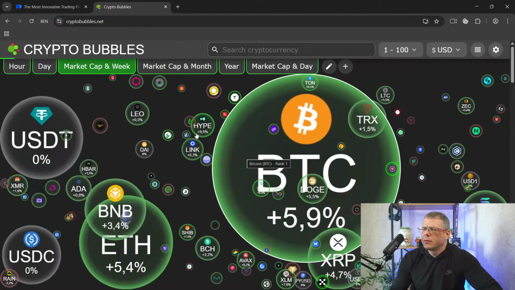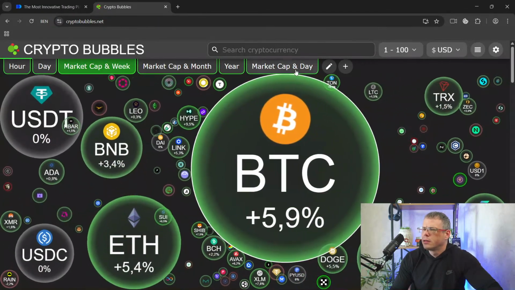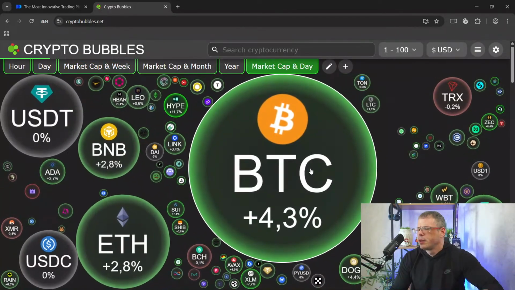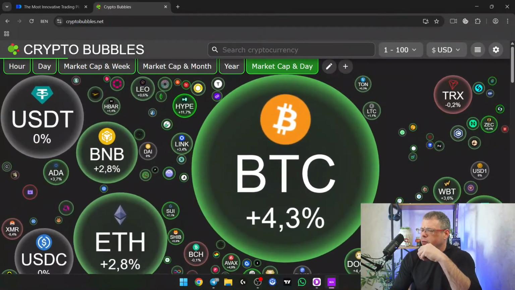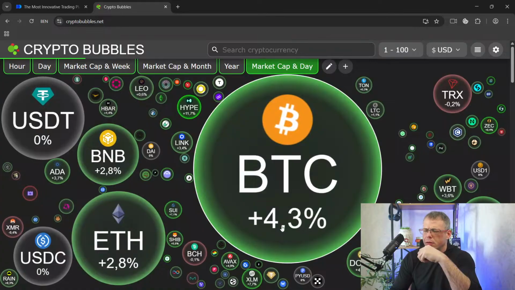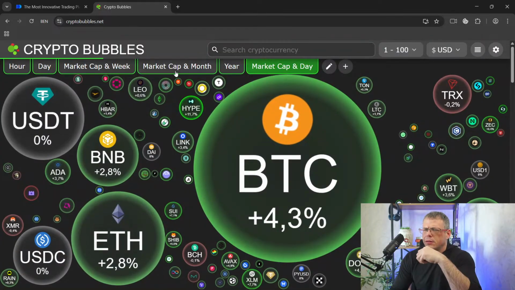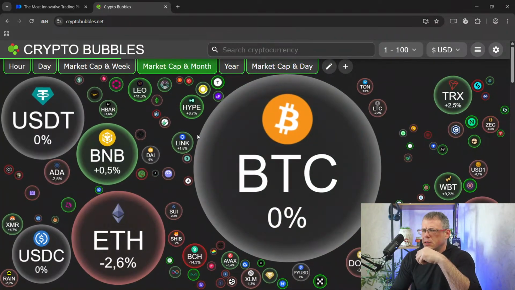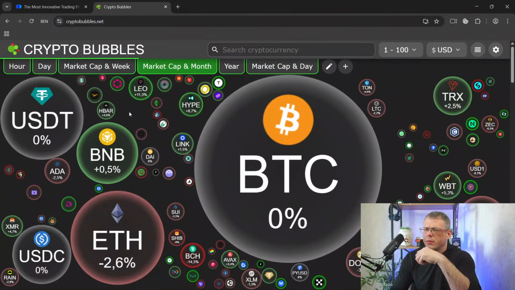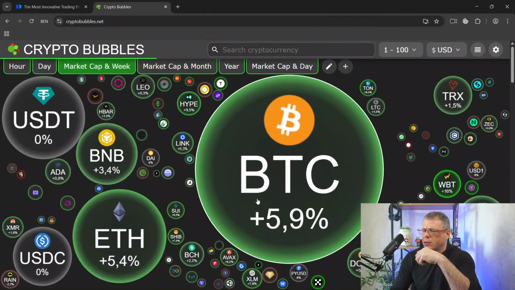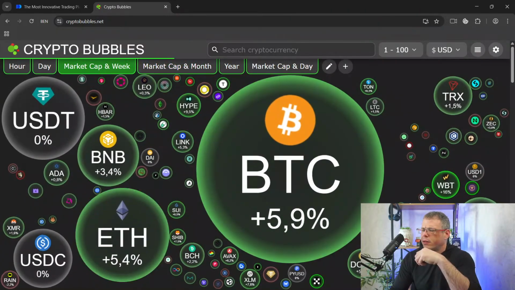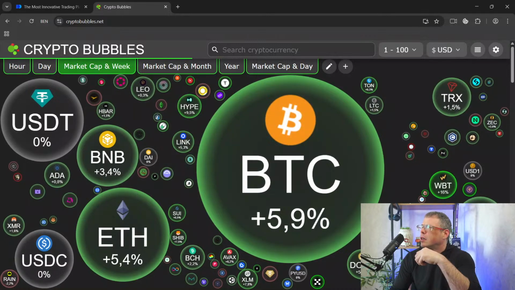Just want to check out some crypto bubbles. Oh, very good. Market cap for the day, Bitcoin 4.3%, Solana's at 3.7, XRP is 4.2. AVAX is also doing good. Monthly is iffy, right? Half of them did okay. Weekly, which is what I like the most, is 5.9, 5.4, XRP.